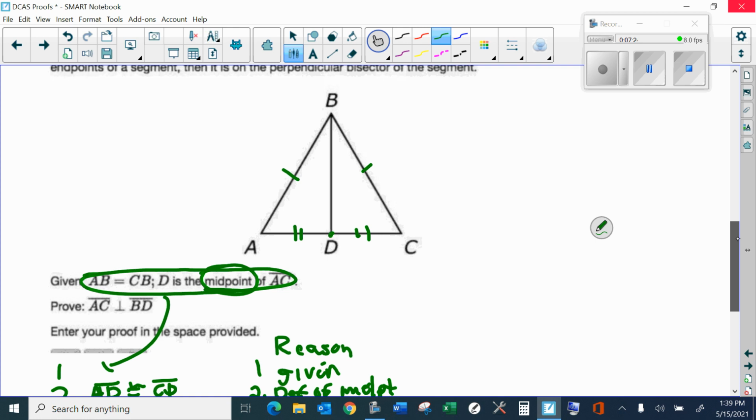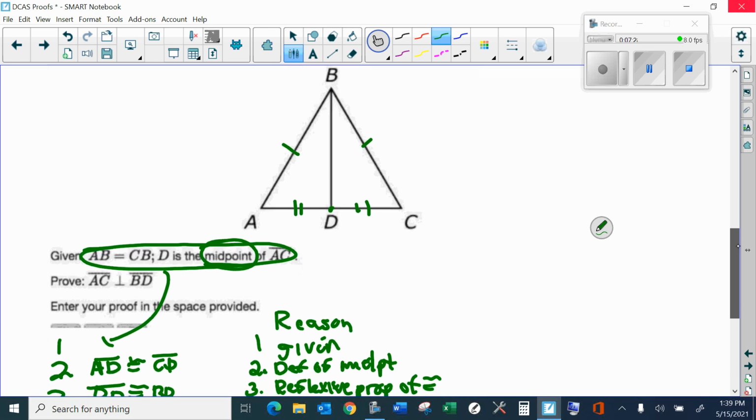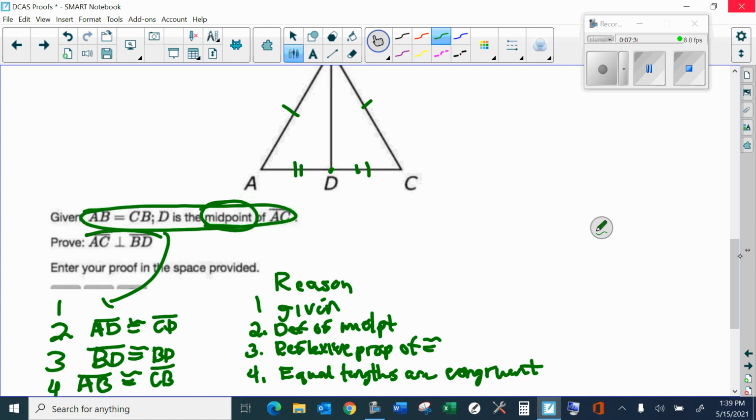Okay. Then I should be able to say, so you're trying to prove that those segments are perpendicular. So remember, that's right there. So you know in the final step, it's going to be definition of perpendicular. Okay. So we need to show that they're 90 degrees.